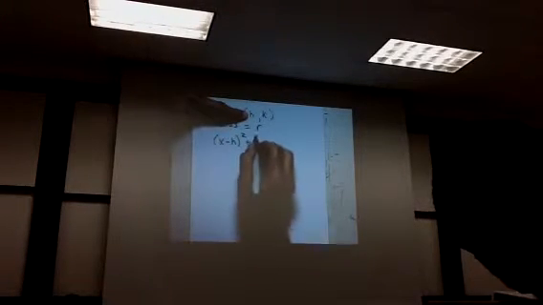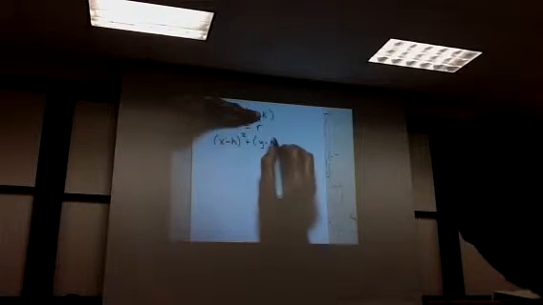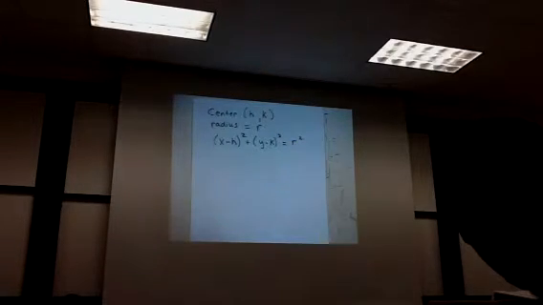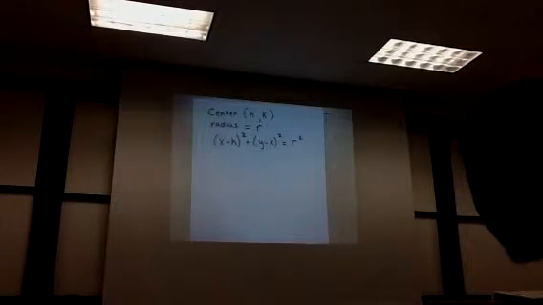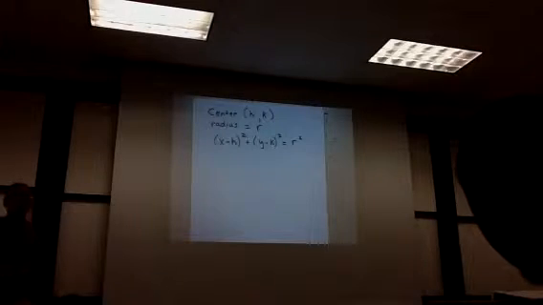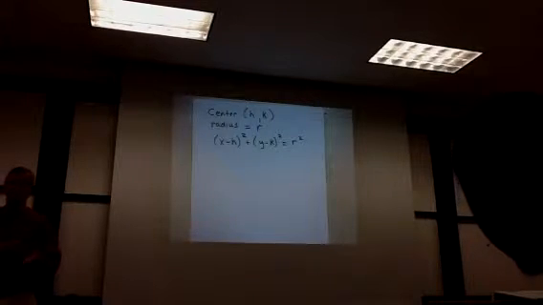It's x minus the x of my center, which is h, squared, plus y minus the y of my center, which is k, squared, equals the radius squared. That's good stuff right there, ladies and gentlemen. That is your general equation for a circle in standard form. The center, HK, radius of R.